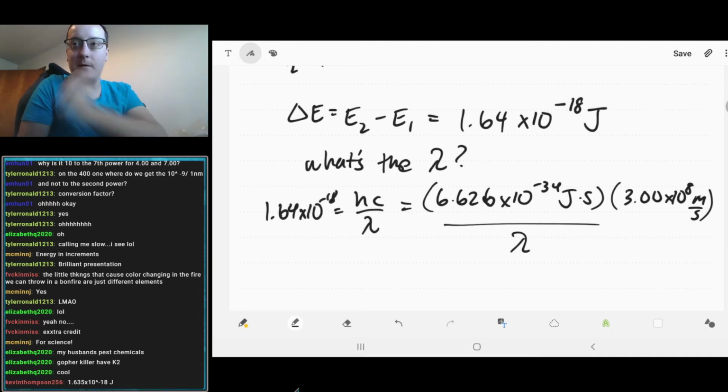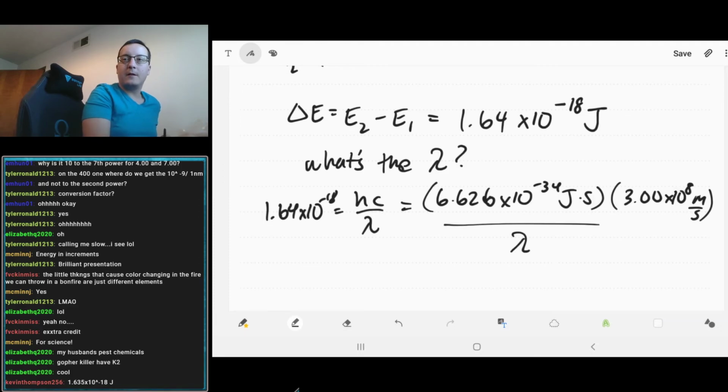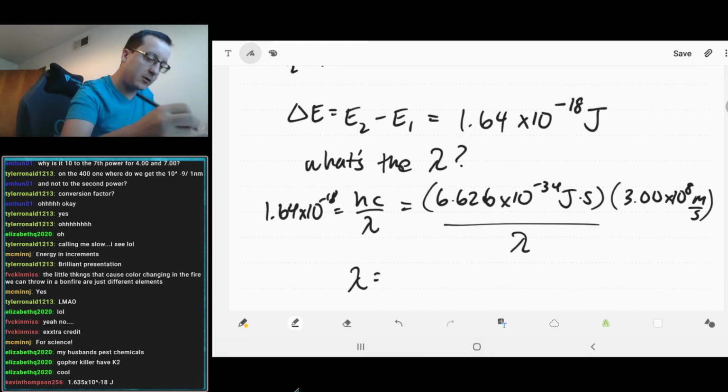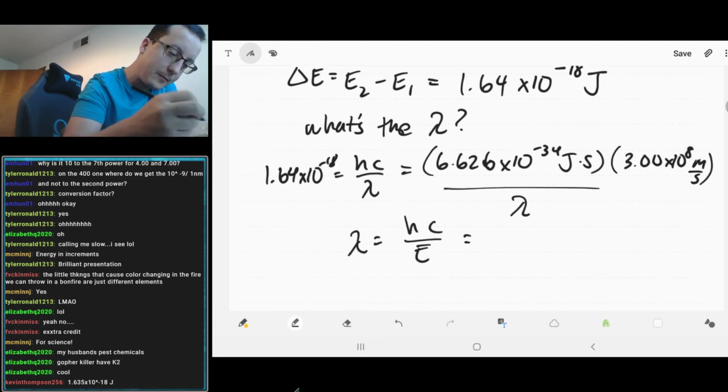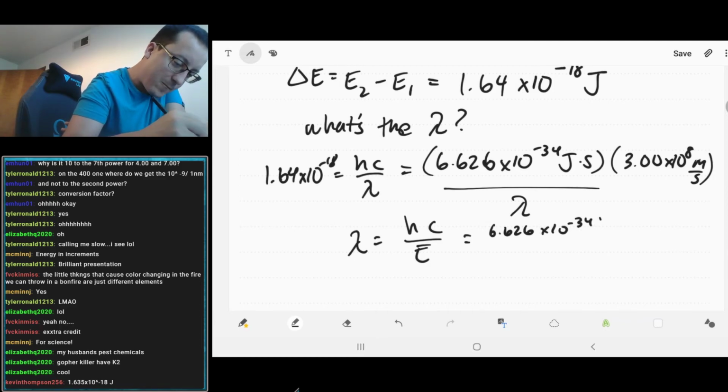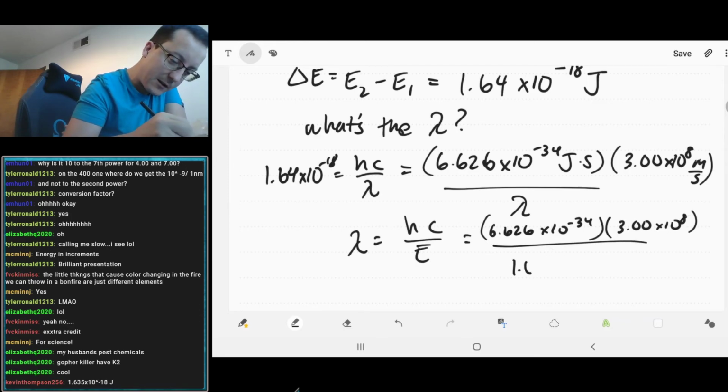This crazy number here is equal to those crazy numbers divided by lambda. We can do that. So that tells us that lambda equals hc over E, right? Which is 6.626 times 10 to the negative 34 times 3.0 times 10 to the 8 over the energy, 1.64 times 10 to the negative 18.